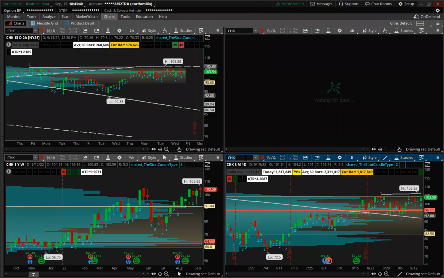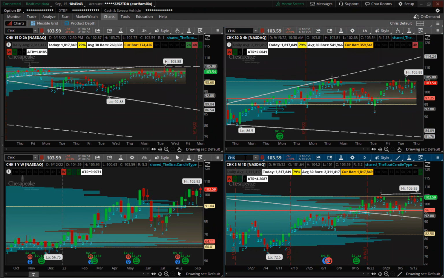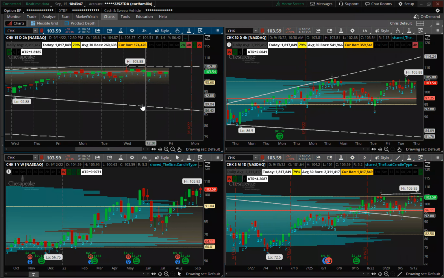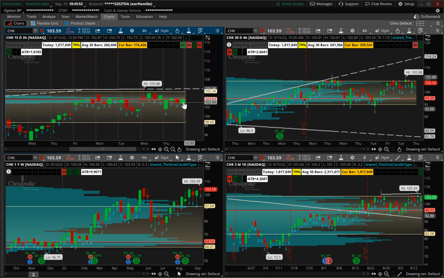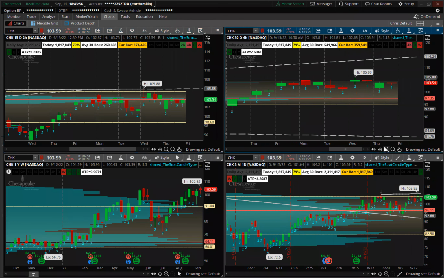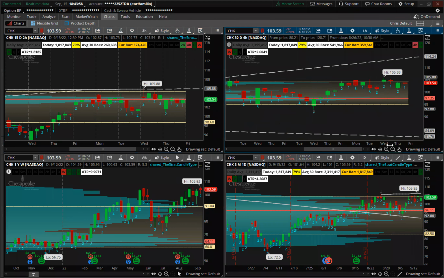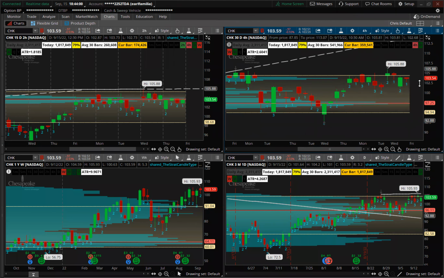CHK, Chesapeake. So you see the 2 hour setups here, got the inside two, above 103.73. And on the day, got the 212 entry, 212 bullish continuation above 103.81.